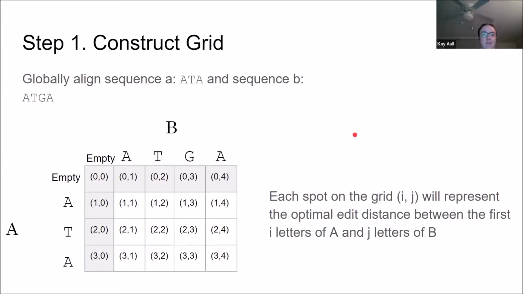Okay, and so your first step is to construct your grid. And this is your lookup table. Your Fibonacci is one-dimensional. You've only got a one-dimensional string of numbers.